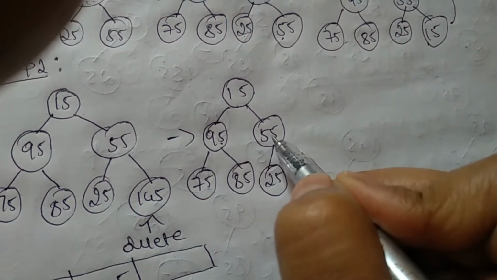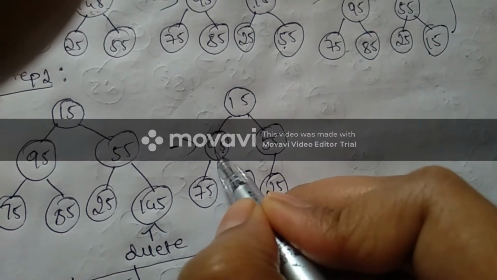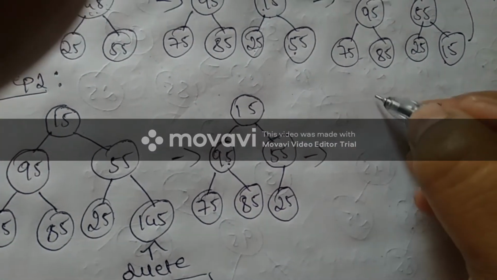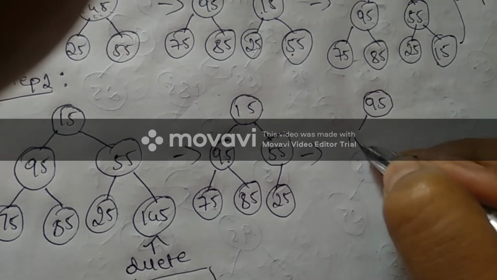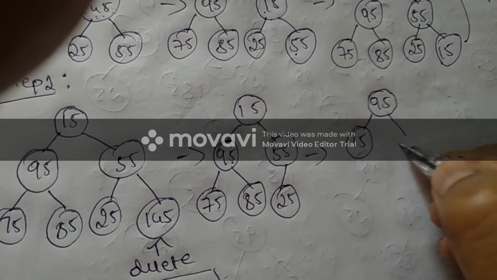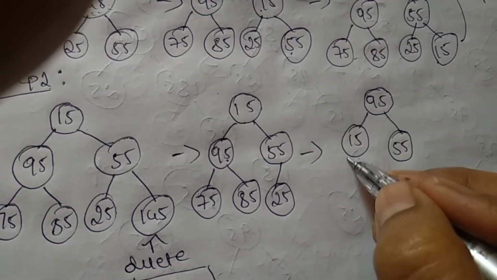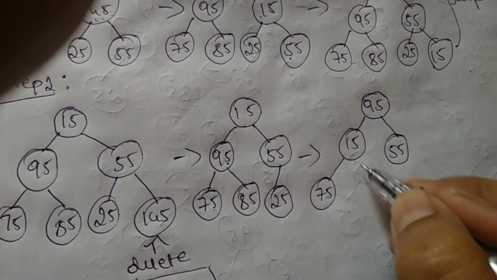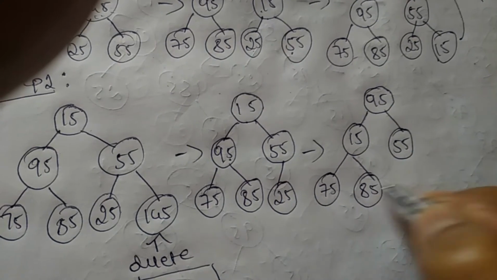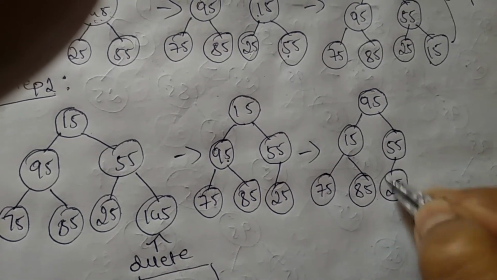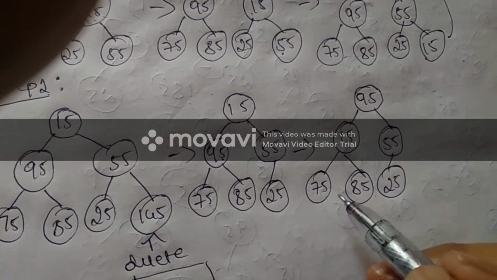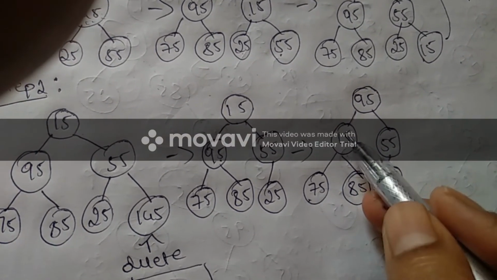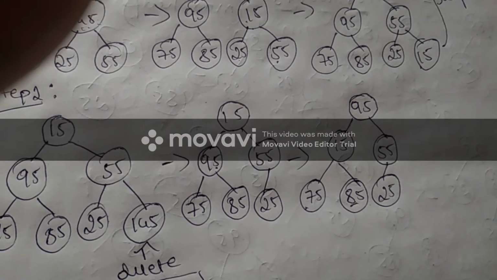So among 95 and 15, which is greater? 95 is greater. So I'll put 95 in the root node. I'll take 15 here, then this 55, here 75, 85 and then 25. Again, is it satisfying the parental dominance? No. Again 75 and 85 are greater than 15. Among these two, 85 is greater.